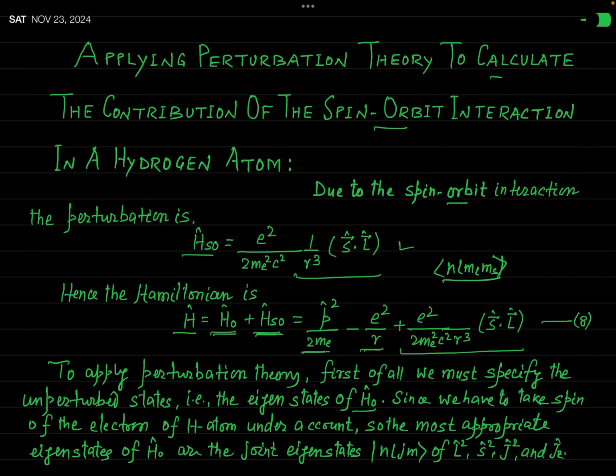These are the eigenstates of L hat square, S hat square, Lz, and Sz. And in the second choice, the eigenstates are denoted in this form: n, l, j, m.